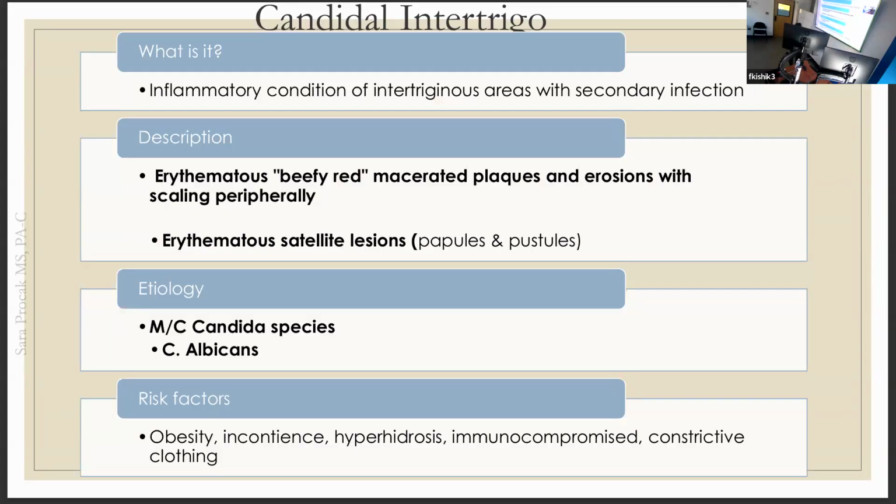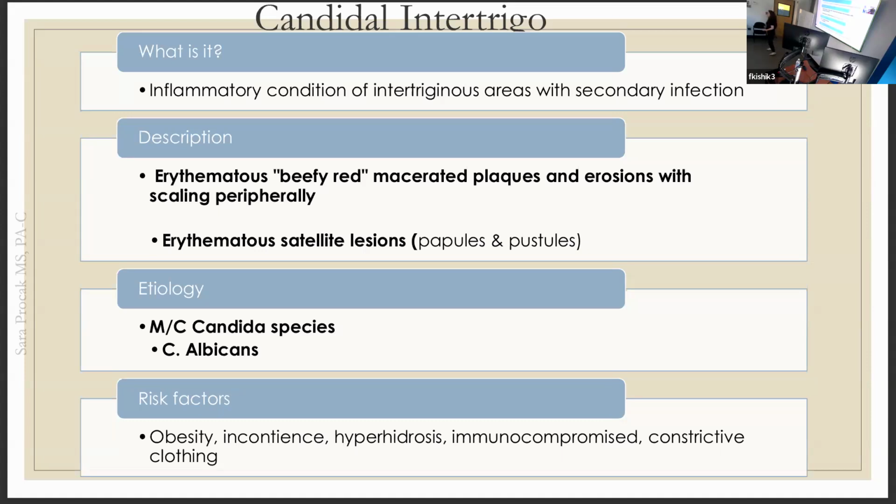Now, with this, some risk factors are going to be all of the things that you expect, all right? It's going to be an occlusive area, whether it's in the axilla or in the groin, okay? You're going to have that increase in moisture, hyperhidrosis, immunocompromised state, but also incontinence is going to play a role too. So you'll see this in elderly and pediatric patients, right?